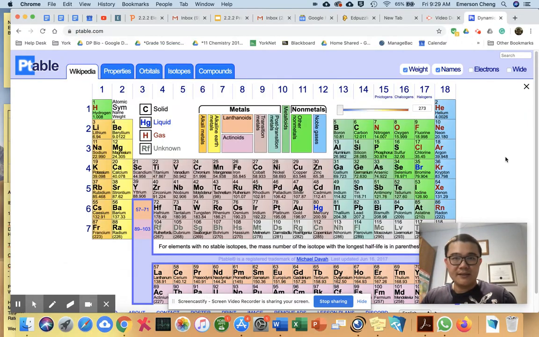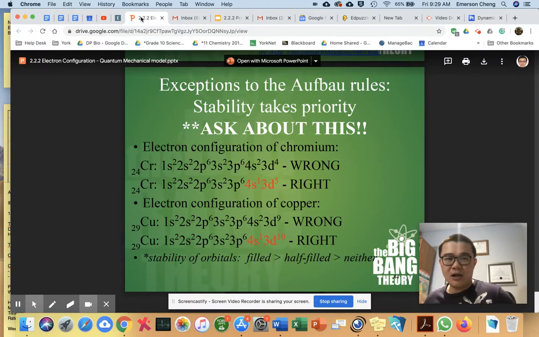So looking here, the correct form of copper looks like this. Again, you have 4s1, but now you have 3d10.